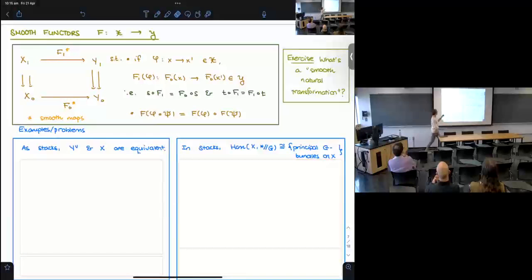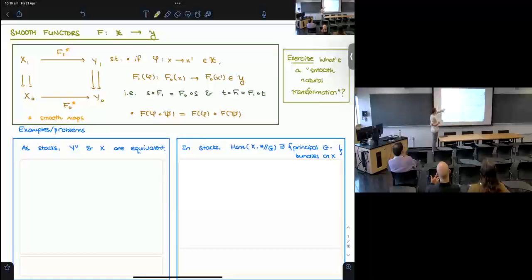So if I have a morphism in X from x to x prime, then its image in Y should be a morphism from the images of the objects. And it should respect composition. And then an exercise for people who are tired of listening to me is to say what's a smooth natural transformation between such functors.